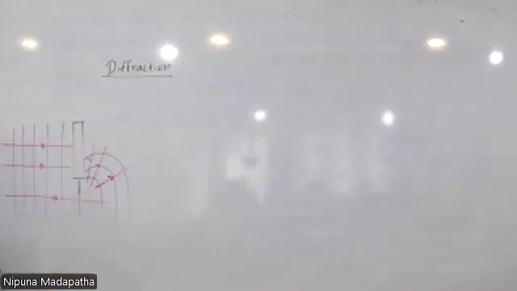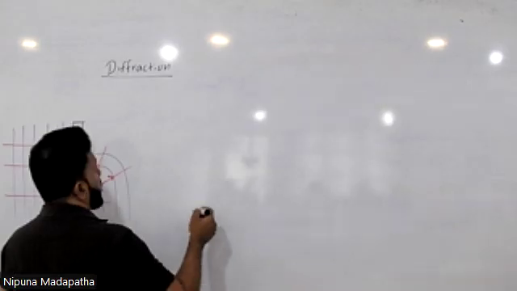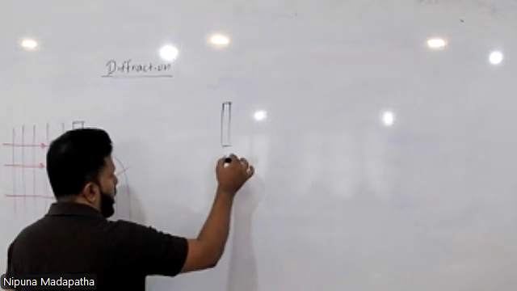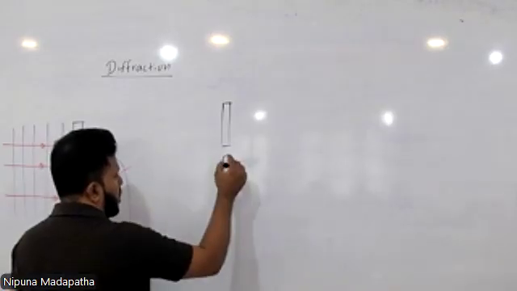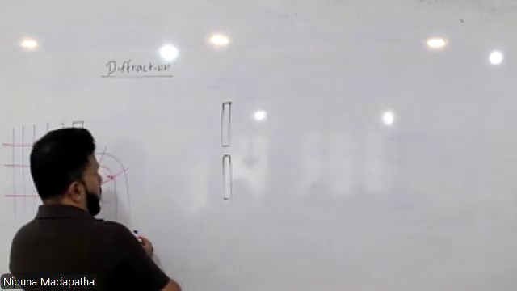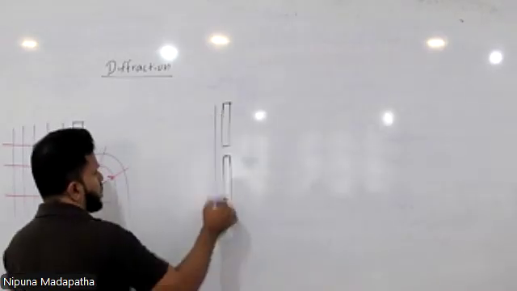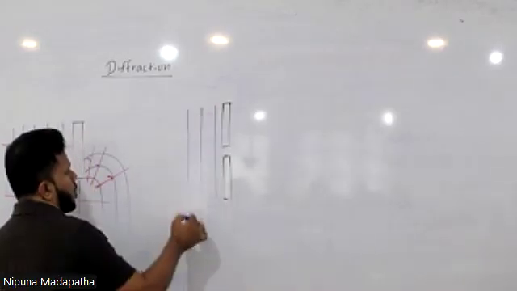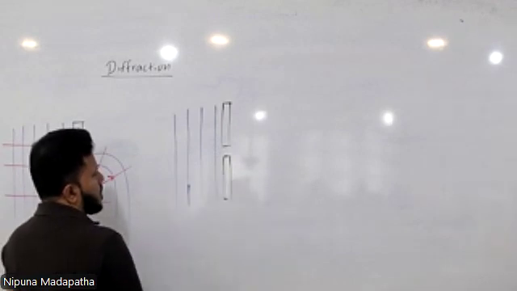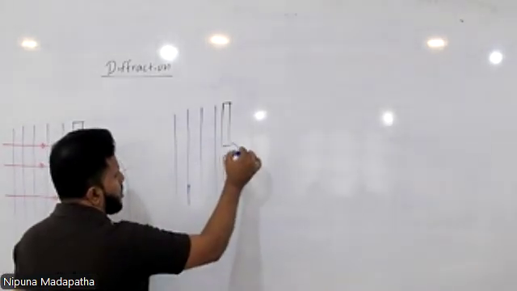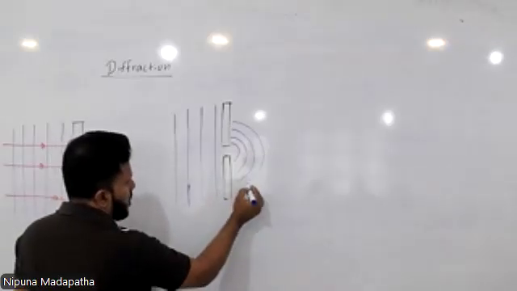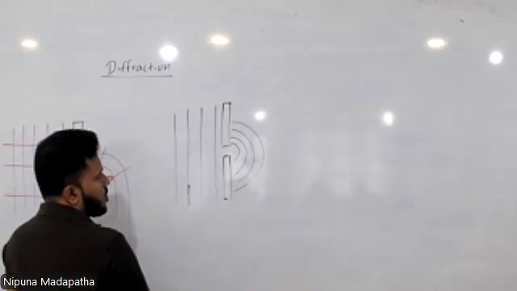And also, not only from a barrier, whenever there is an aperture or small hole, when a wave goes through a narrow aperture or hole, it spreads out. It goes like this, the wave spreads out. So this phenomenon is known as diffraction.